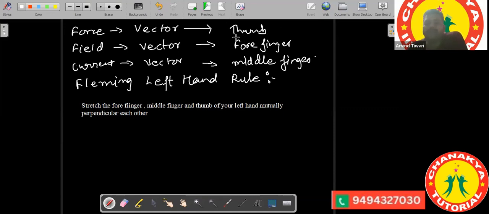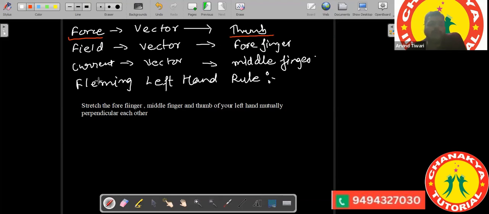You also have heard that story of Eklavya, where he donated his thumb. So your thumb is considered as a sign of force. In this way, you can remember that since the thumb represents force, here also your thumb will represent the force.